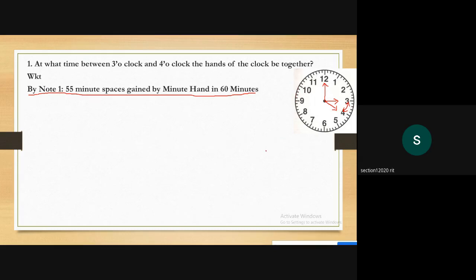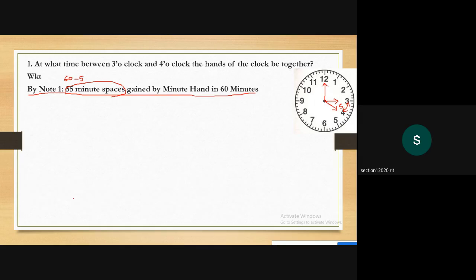So for 1 hour I have 60 spaces, but in that 1 hour the hour hand moves only 5 spaces. That is why they are subtracting 60 minus 5, so that I am gaining 55 minute spaces. I am gaining it over here. Okay, this is what is happening over here.